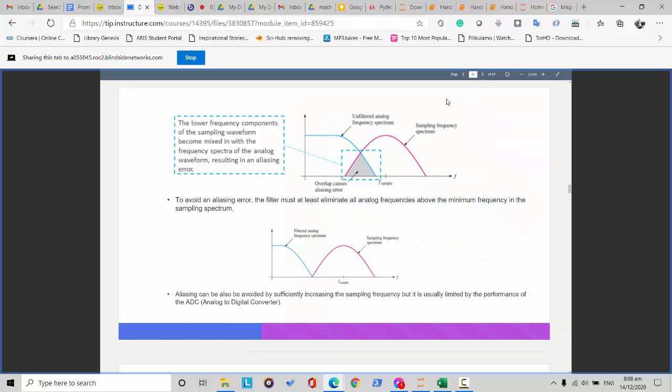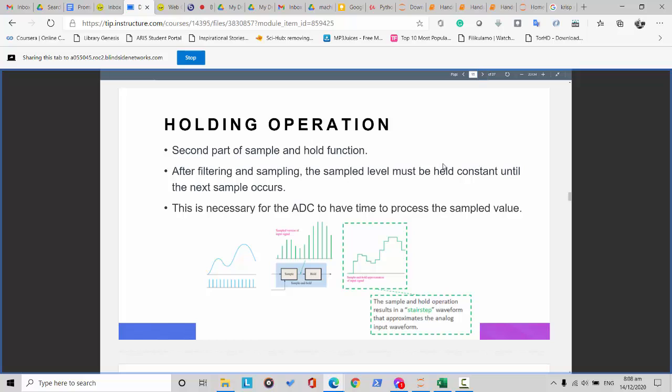So let's proceed. Now after the sampling operation, we have what we call the holding operation. This is the second part of the sample and hold function. So filtering comes first before the sampling.